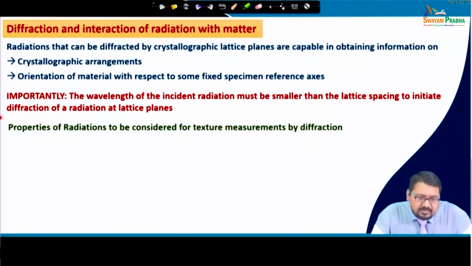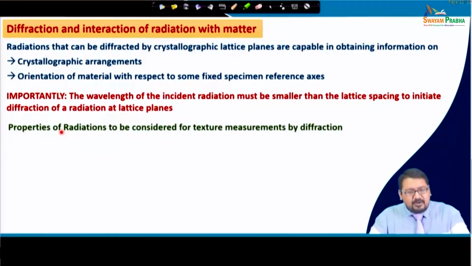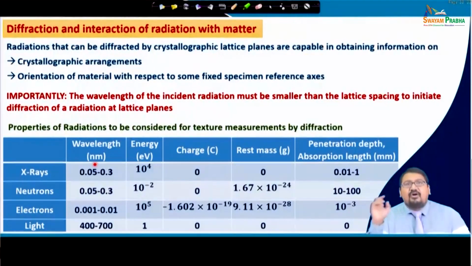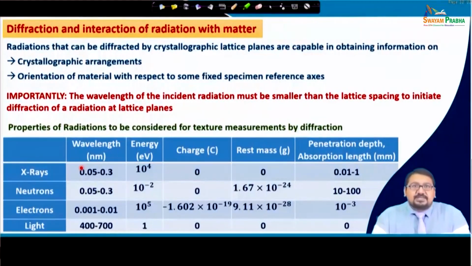So, let us see the properties of radiations to be considered for texture measurements by diffraction. You see here we have shown the wavelength of the X-ray is in a range of 0.05 to 0.3 nanometer. Its energy in electron volts is 10 to the power 4.